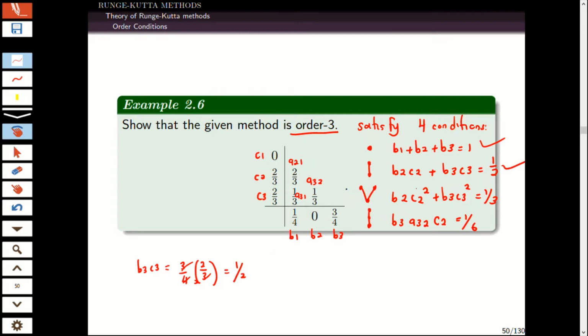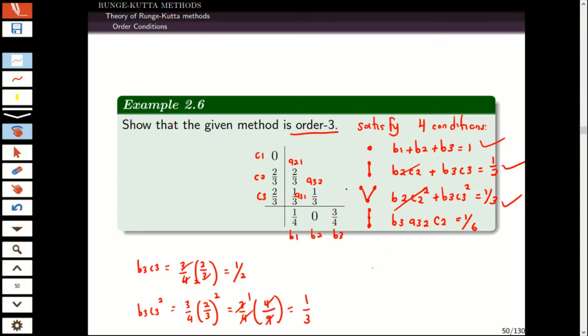And then b2 c2 squared. This is 0. Now what do we have here? b3 c3 squared. So we have 3/4 times 2/3 squared, which is 3/4 times 4/9. So what do we have? 9 divided by 3 is 3, so 1/3. Satisfied.